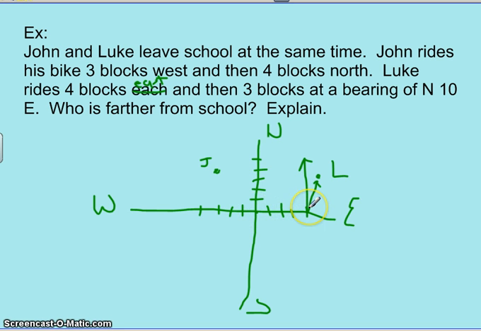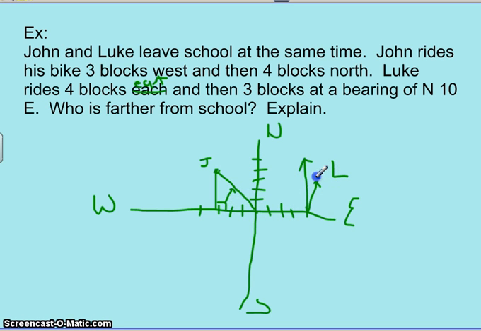Alright, so which one is further away? Let's create a little triangle there. Alright, so in John's, to compare his distance, this is going to be a 90-degree angle for his distance.